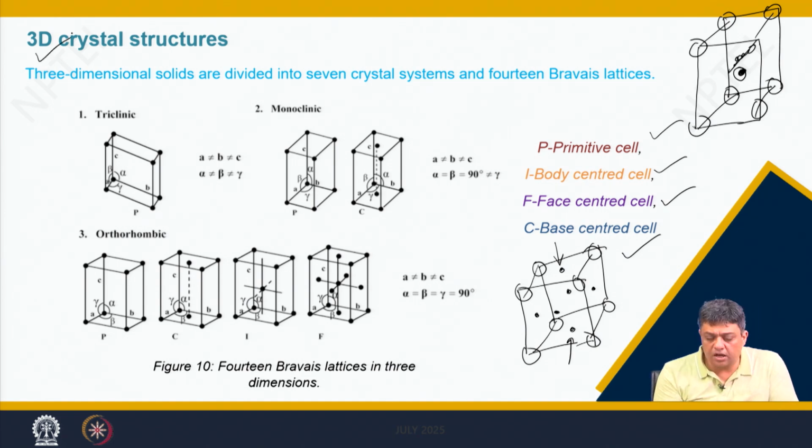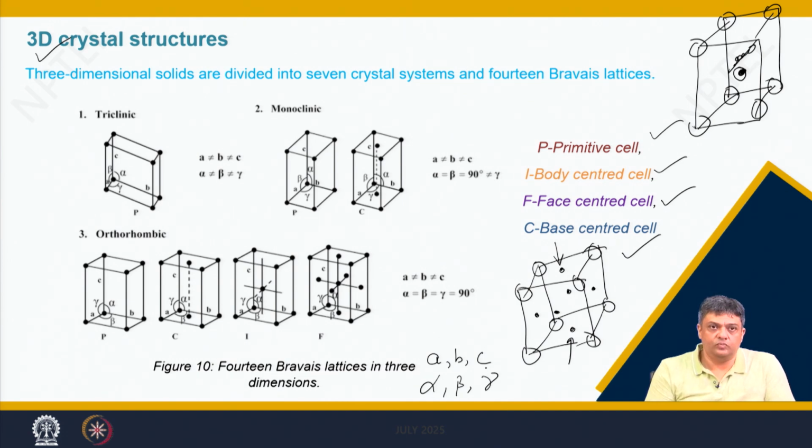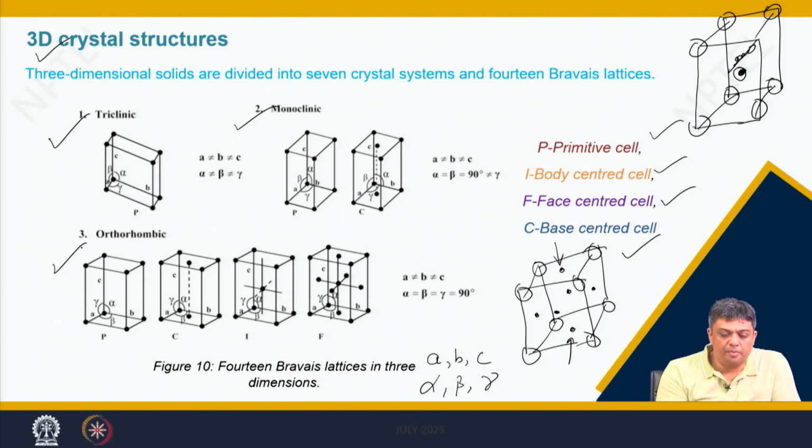3D structures mean you have A, B and C as lattice parameters and alpha, beta, gamma as the angles. So, you can have various structures, for example triclinic, monoclinic, orthorhombic.